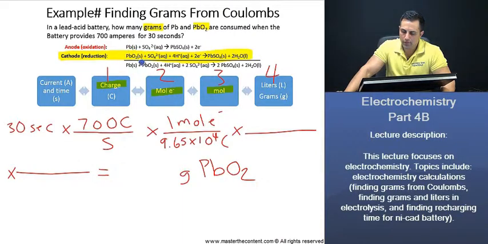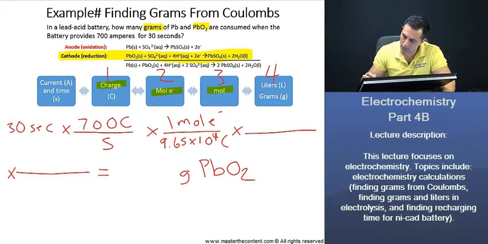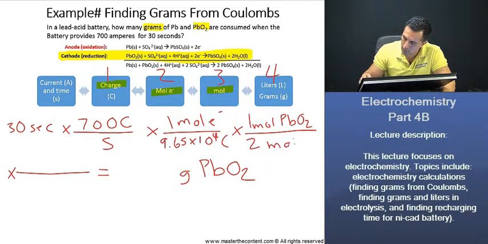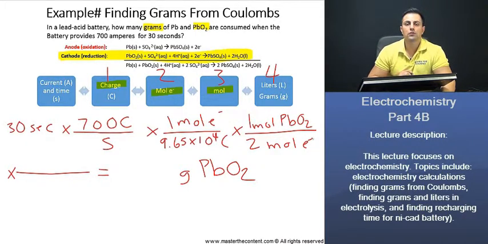Per mole of our lead oxide, we're going to have 2 moles of electrons. Thus, we can write per mole of lead oxide, we're going to have 2 moles of electrons. Now, the last one is just going to be our molar mass for lead oxide.